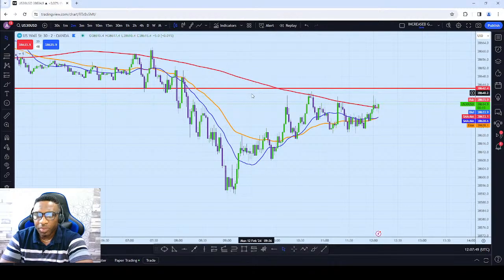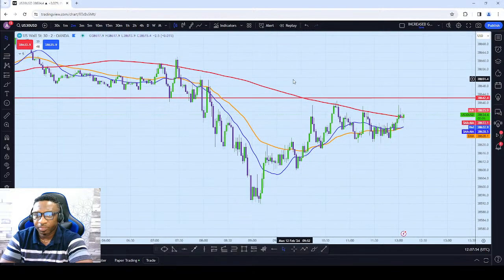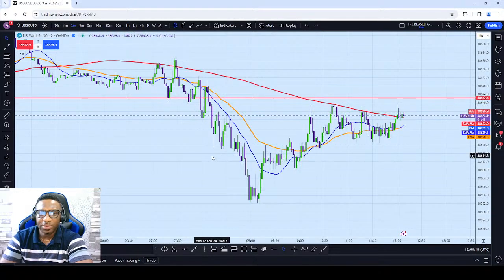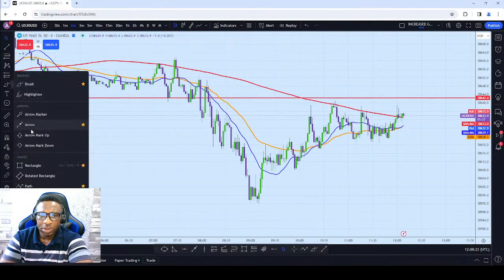Okay, so what we do here is, the blue line is the 20 moving average. If price, which is this purple and green candle, is below the 20 moving average, we trade going downwards.